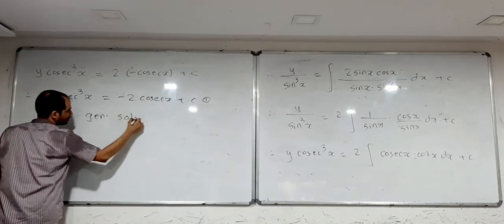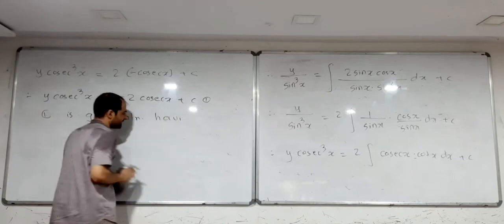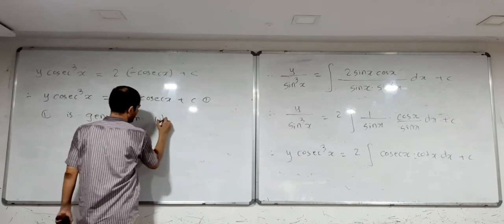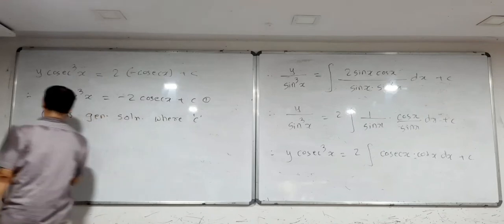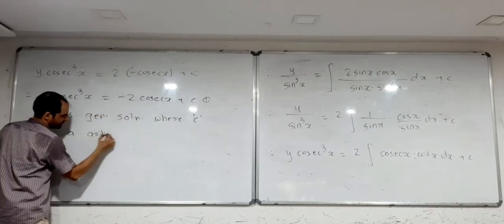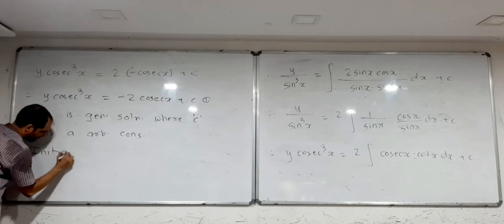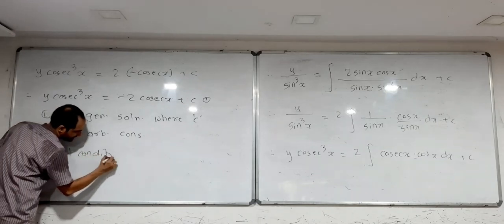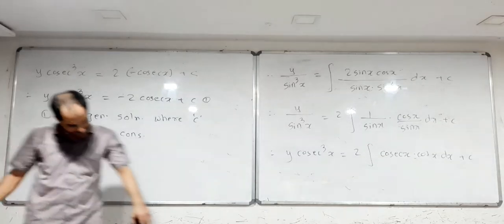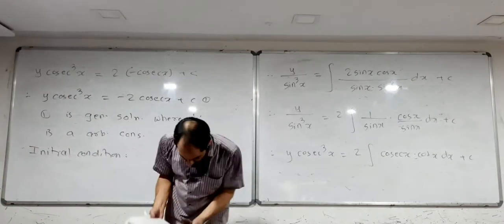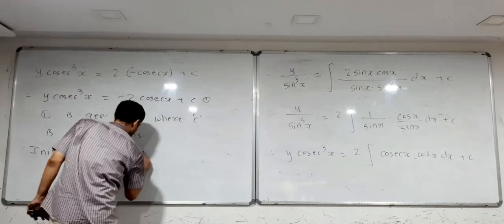Where c is an arbitrary constant. Initial condition क्या है वो लिखो. Initial condition is when x is pi by 2, y is 2.